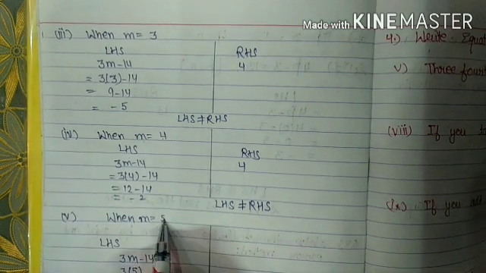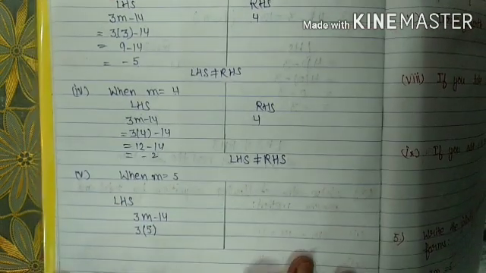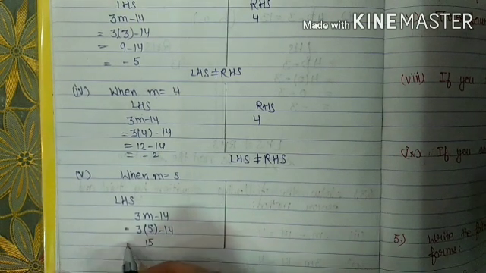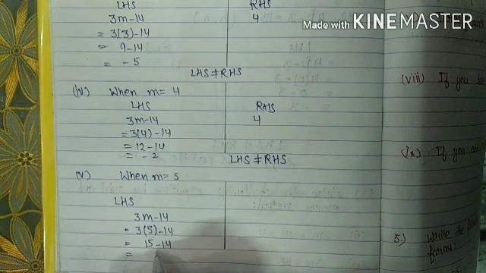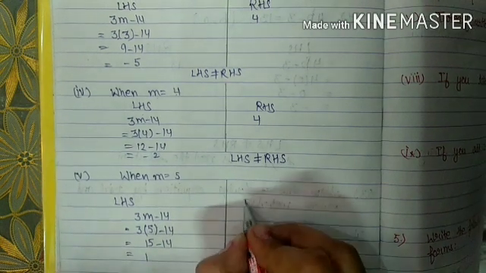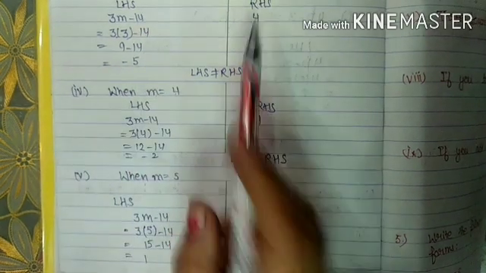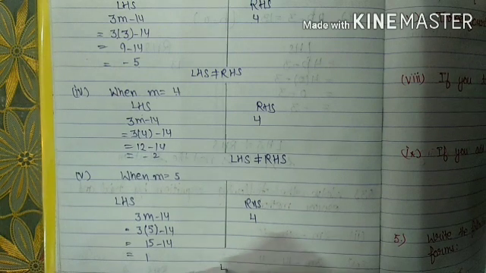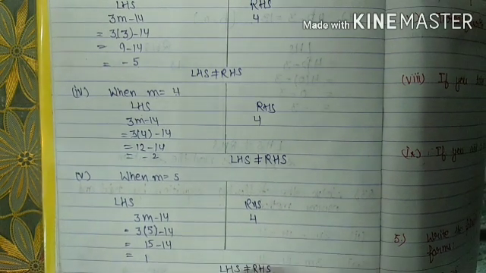So 3 into 5 gives you 15, minus 14 gives you 1. And RHS is fixed, in this question we are taking 4. Again we are not getting equal, LHS is not equal to RHS.